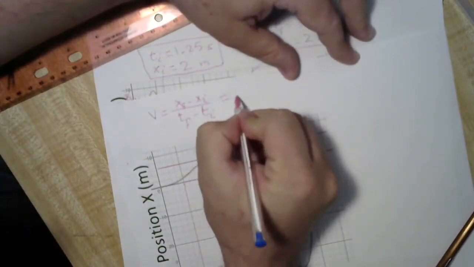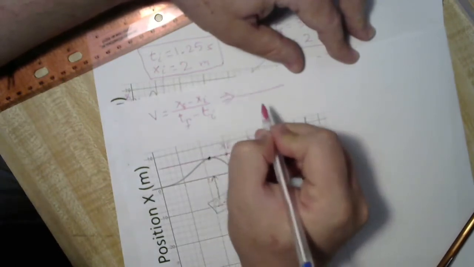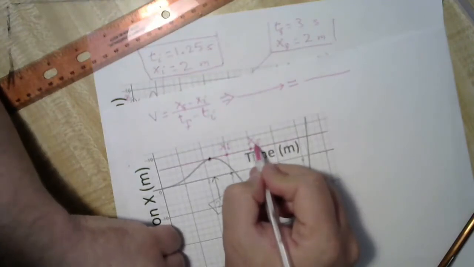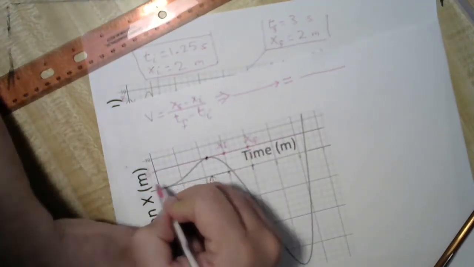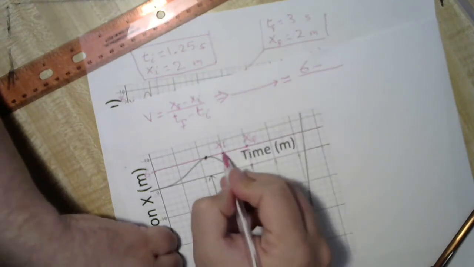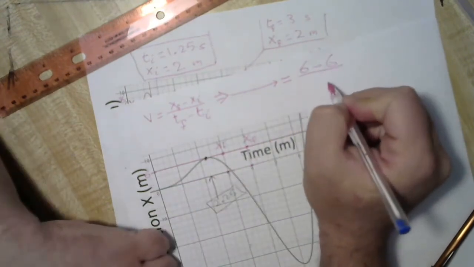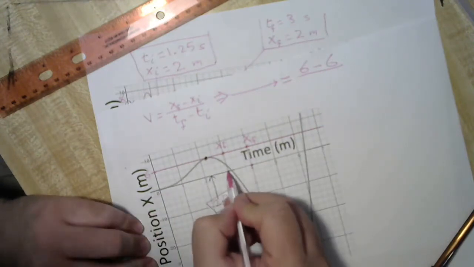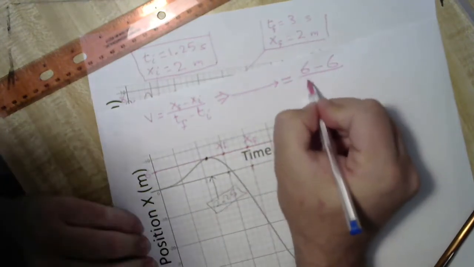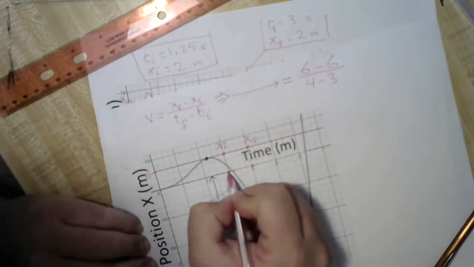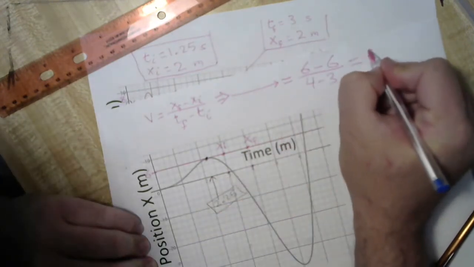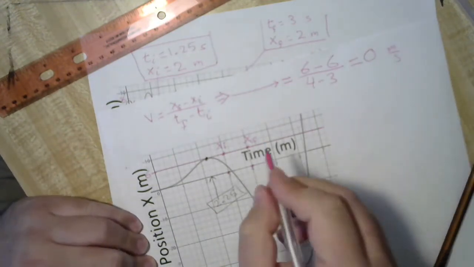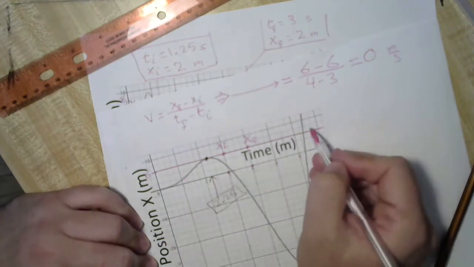So this will be equal to x final, which is 6, minus x initial, which is the same point 6, because my tangential line is horizontal. The change in time is t final, 4, minus 3, the initial time. In this case I have 0 meters per second. This is the slope of the horizontal line.